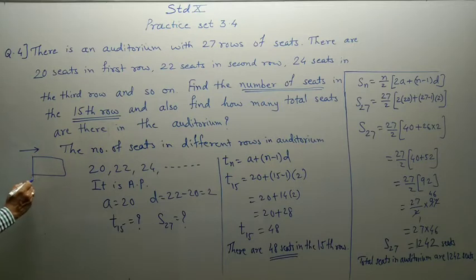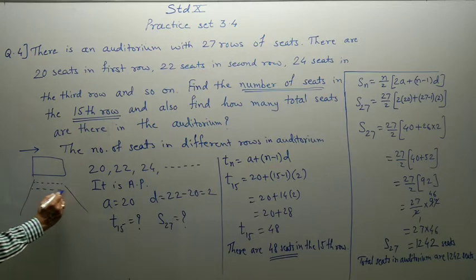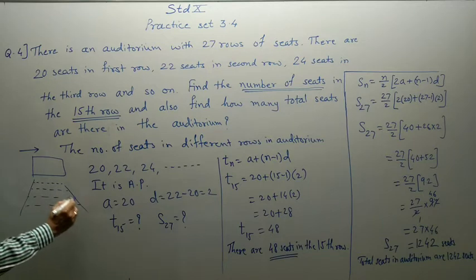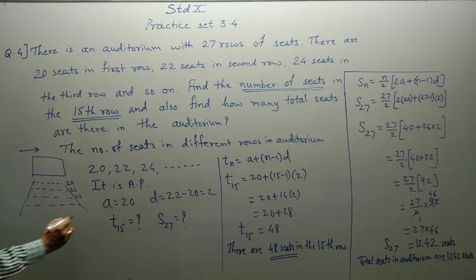This is the stage. Then seating arrangement is like this. In first row there are fewer seats, in second row there are more, in third row there are more, because if in first row there are many then they cannot see this corner. So in first row there are 20 seats, in second row there are 22 seats, in third row there are 24 seats, and so on.